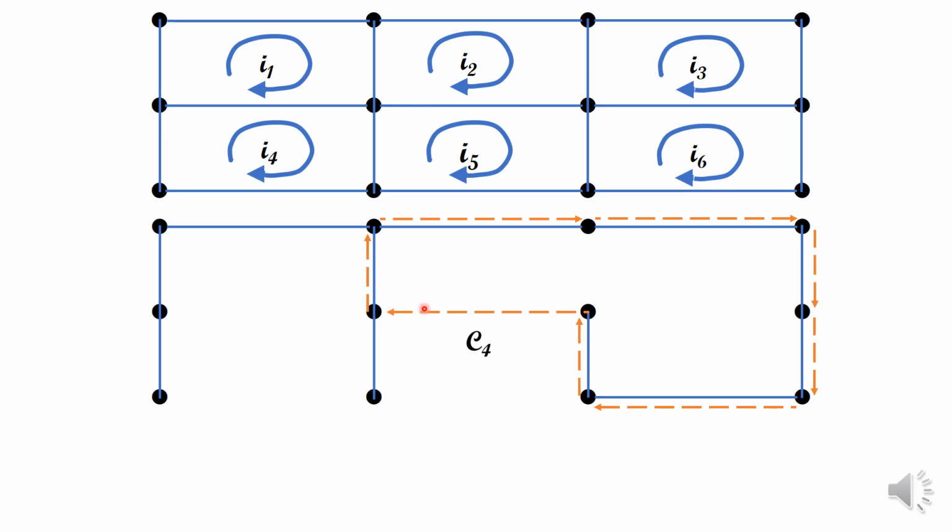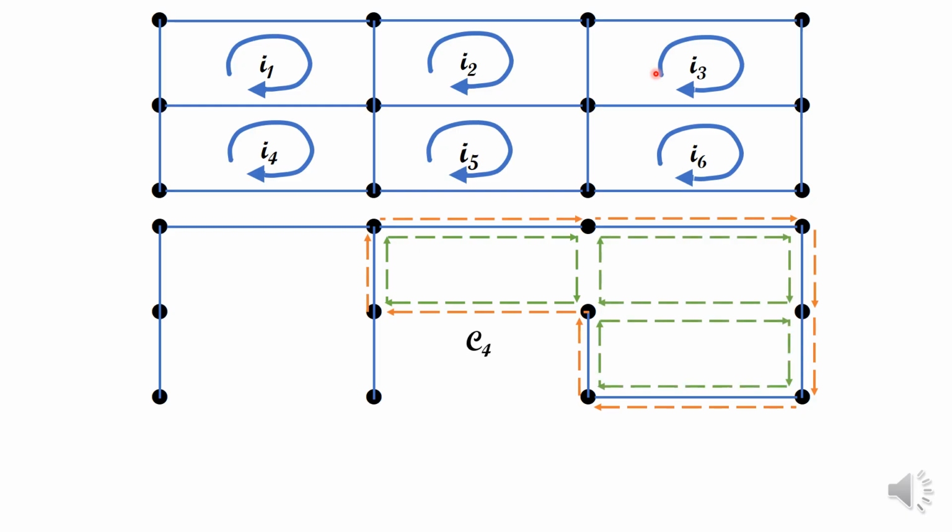We added this edge with this direction, and it formed a cycle here. That was our C4, the cycle formed from the spanning tree. And we said that C4 was equal to I3 plus I4 plus I6.